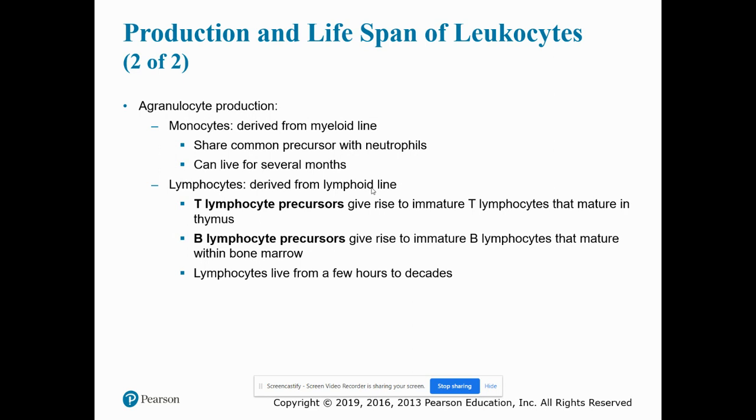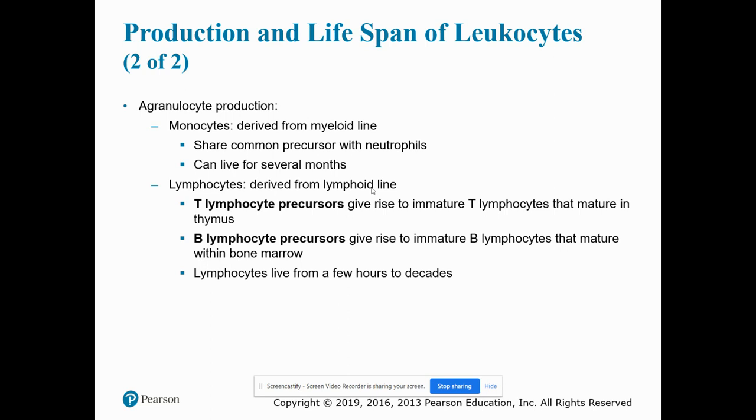Agranulocyte production. So monocytes, again, they are the myeloid line, share a common precursor with neutrophils. They can live for several months. And then we have the lymphocyte, which is derived from the lymphoid line. And as I'm sure you can imagine, T lymphocyte precursors give rise to immature T lymphocytes. And T lymphocytes mature in the thymus.